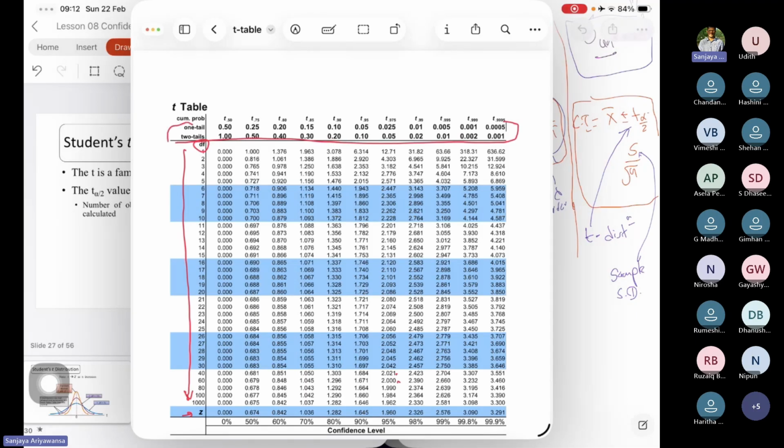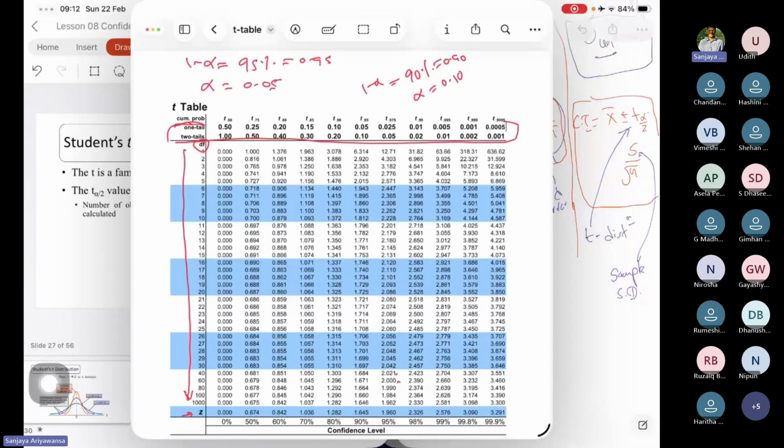If I say a confidence level of 90%, that is equal to 1 minus alpha, so alpha is 0.10. If I say a confidence level of 95%, then 1 minus alpha is 0.95, so alpha is 0.05.